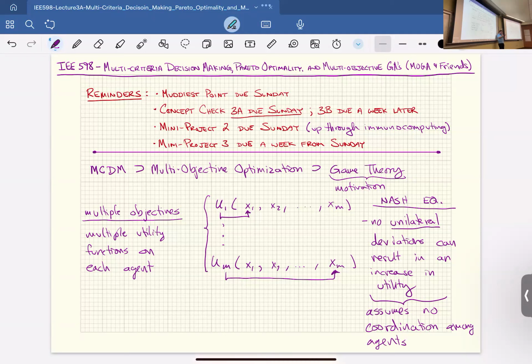And for so-called continuous games, this is equivalent to saying that the partial derivative of each utility function with respect to the variable that is related to that agent, all of them are equal to each other and equal to 0.